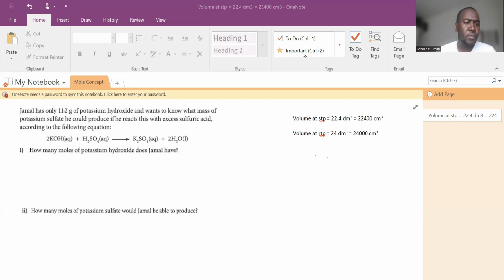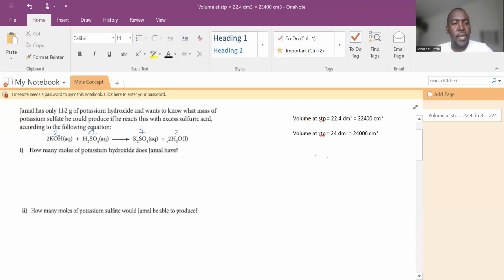From this, without looking at the information given, we see that for this reaction to take part in full, we need 2 moles of potassium hydroxide to react with 1 mole of sulfuric acid to give 1 mole of potassium sulfate and 2 moles of water.